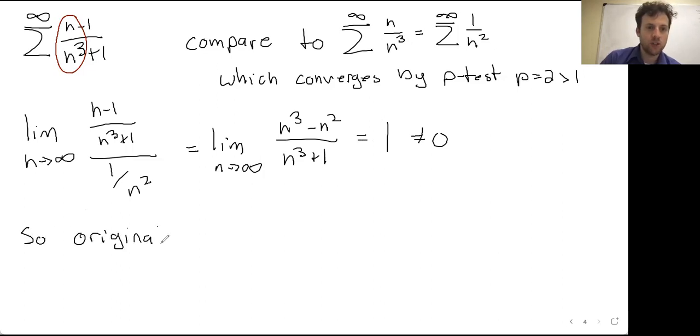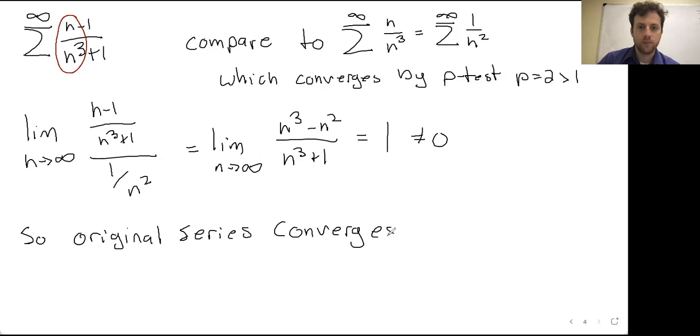So the original series converges. And why we get to say converges is not the fact that this is a 1 here, really. Getting a number other than 0 says the series you started with will do the same thing as the comparison series.